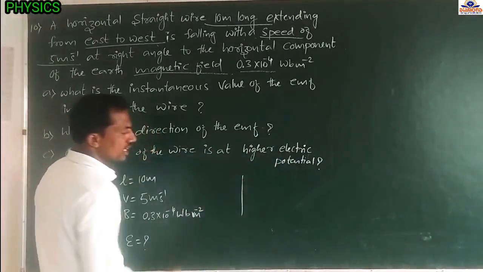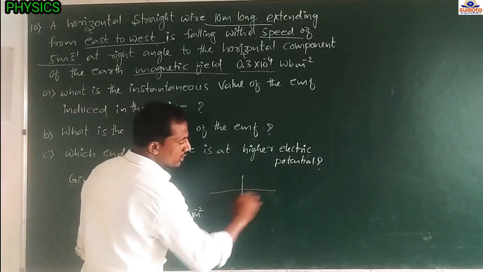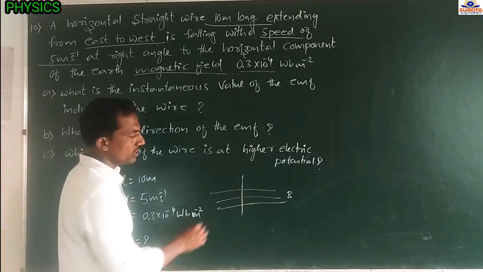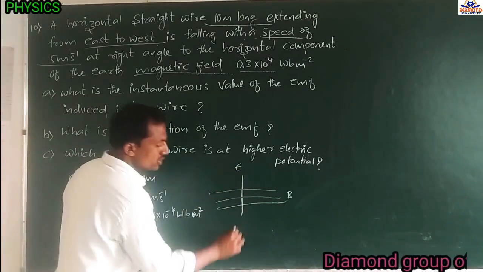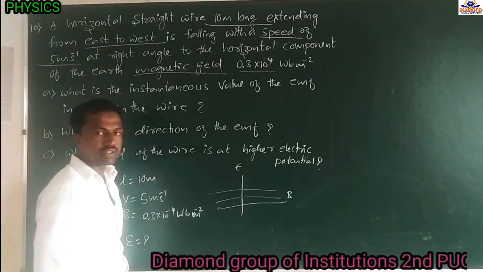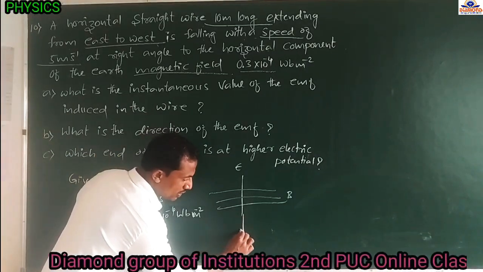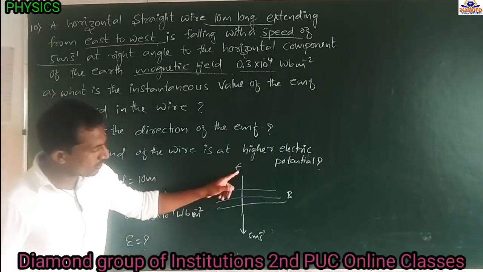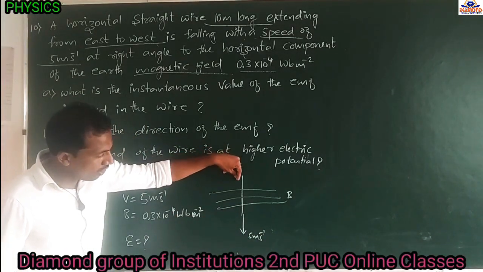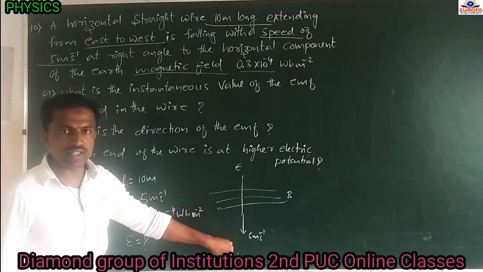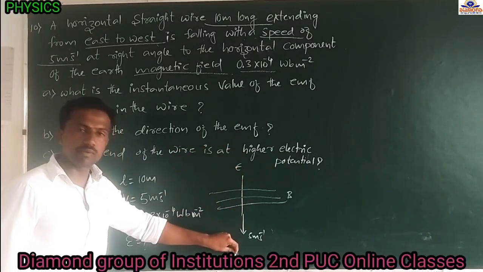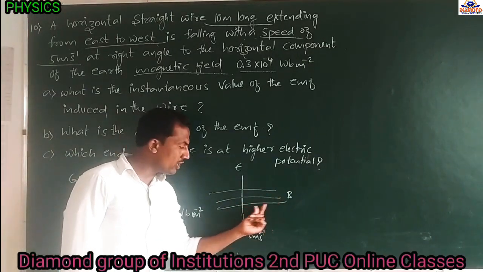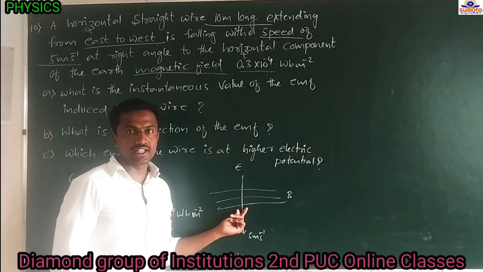We are taking one wire. This wire is falling from east to west at a speed of 5 meter per second, and it is perpendicular to the magnetic field, at 90 degrees.